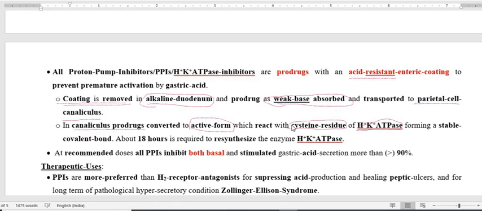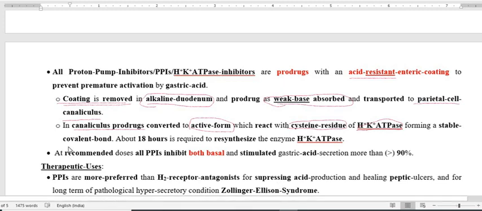So after the activation of the drug in the parietal cell canaliculi, the active form of the drug combines with the enzyme hydrogen ion potassium ion ATPase by its cysteine moiety, and the binding is very stable; it is covalent bonding.